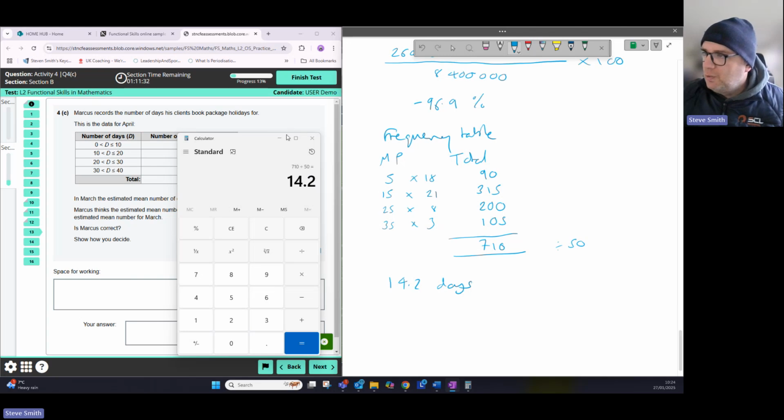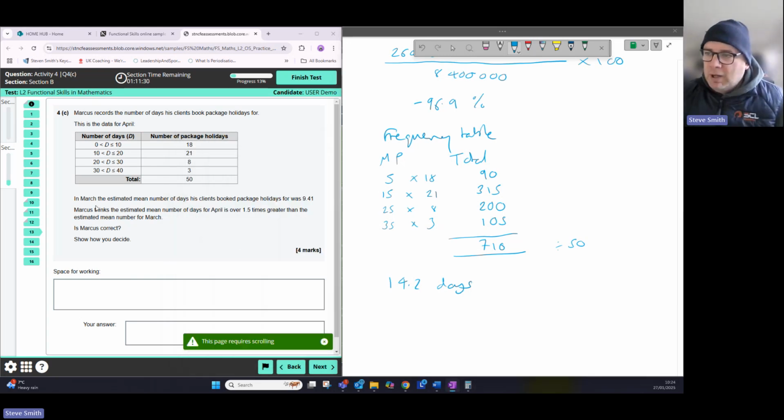Right, so let's get rid of the calculator, see what else. That's not going to be the end of the question, I know it. In March, the estimated mean number of days his clients booked package holidays was 9.41. This is April. Marcus thinks the estimated mean number of days for April is 1.5 times greater than March.